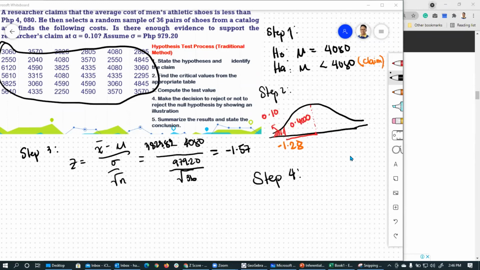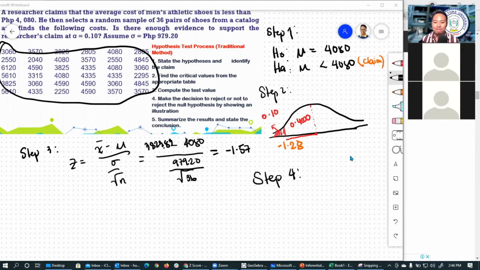You can type your answer or you can unmute yourself. So, Berioso, are we going to accept the null hypothesis or reject the null hypothesis? What do you think? Berioso said reject, thank you so much. I didn't expect you to answer right away. Yes, Berioso is right, guys.